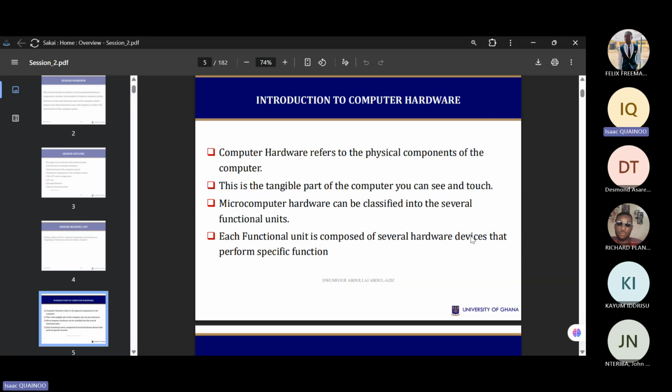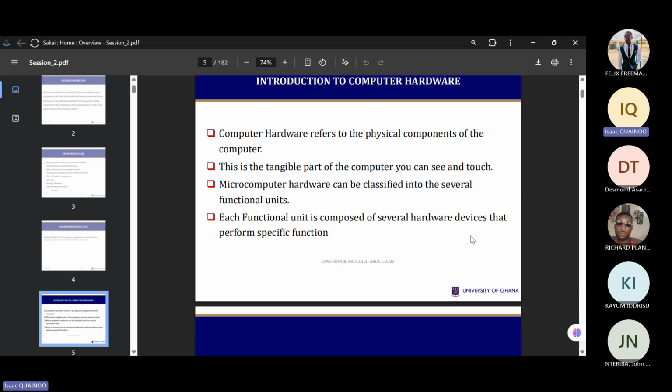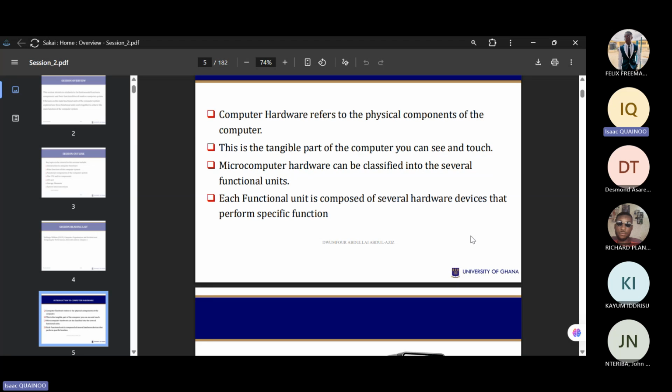Microcomputer hardware can be classified into several functional units, and each functional unit is composed of several hardware devices that perform specific functions. So we are just saying that every functional unit can be classified into several hardware devices that perform specific functions.